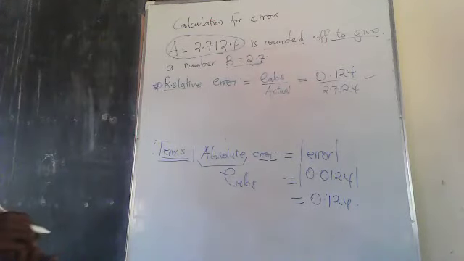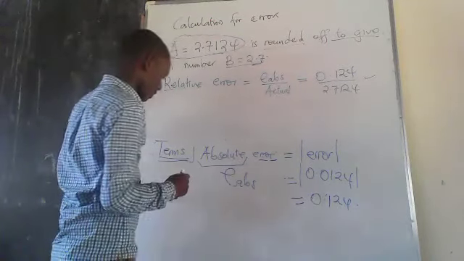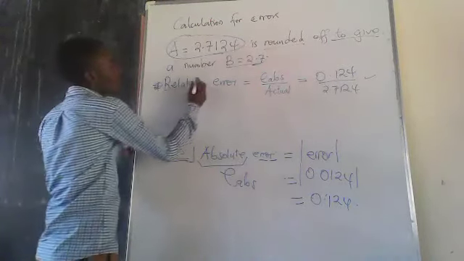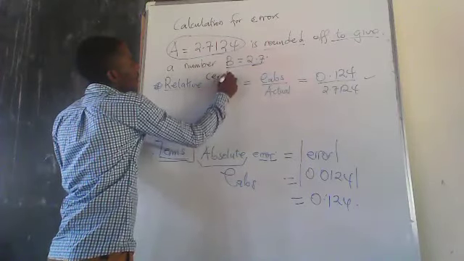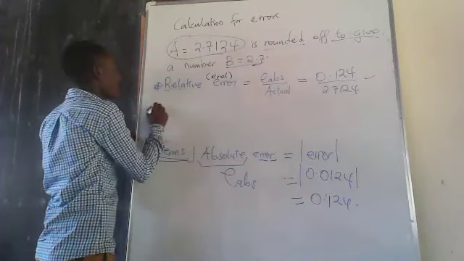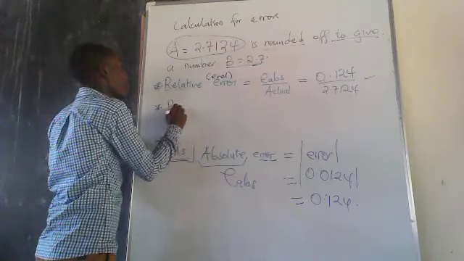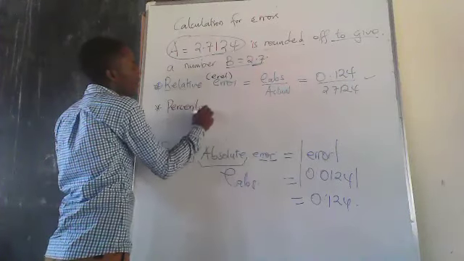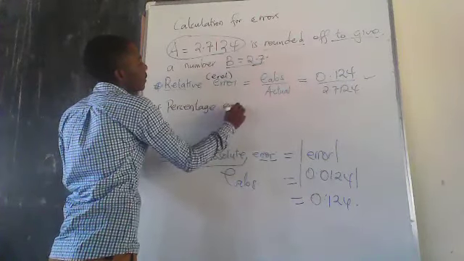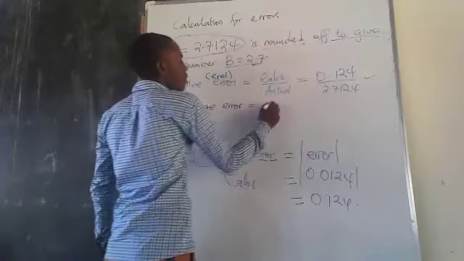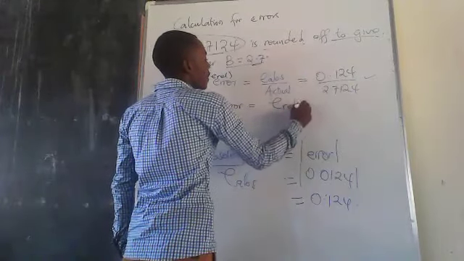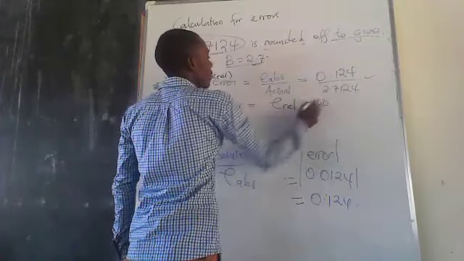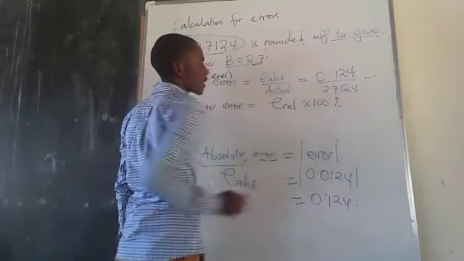Then there is what we call percentage error. Percentage error is got by multiplying the relative error times 100, expressed as a percentage.